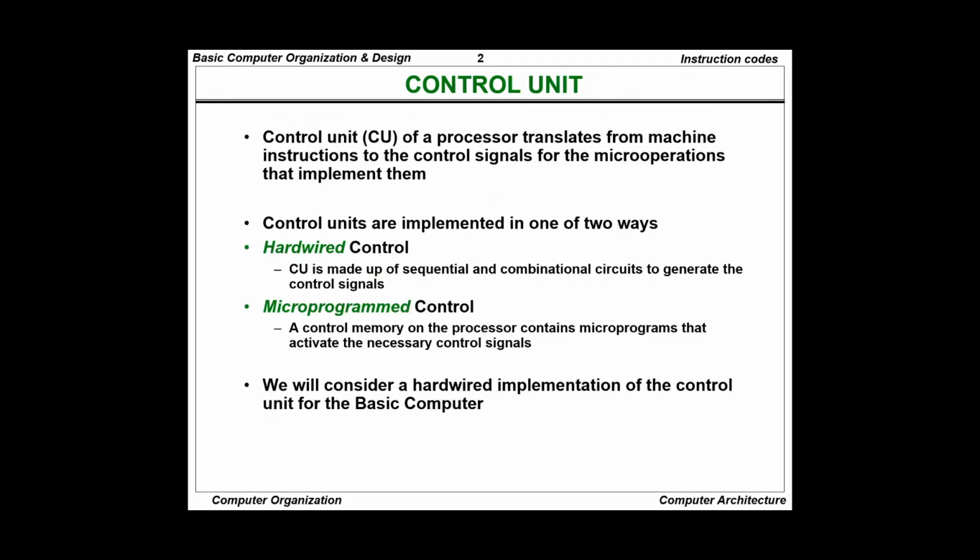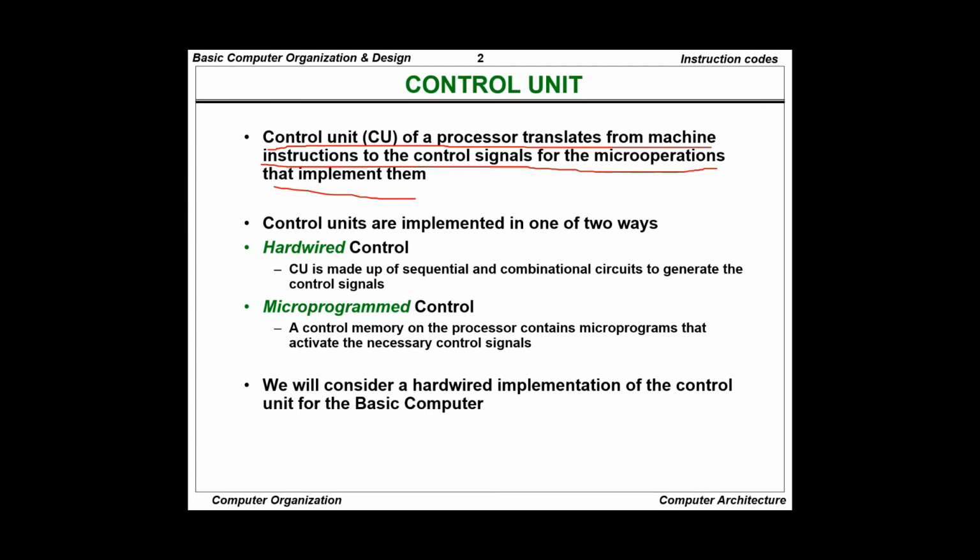Now here comes our new concept, control unit. In the previous topics we discussed ALU, that is the arithmetic logic unit. So now what is a control unit? The control unit of a processor translates machine instructions to control signals for the micro operations that implement them.